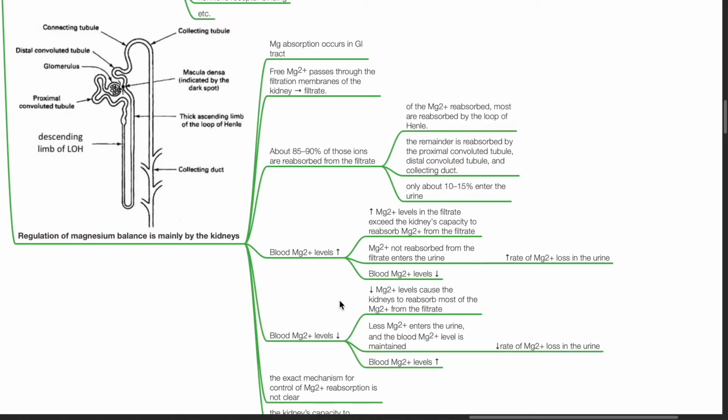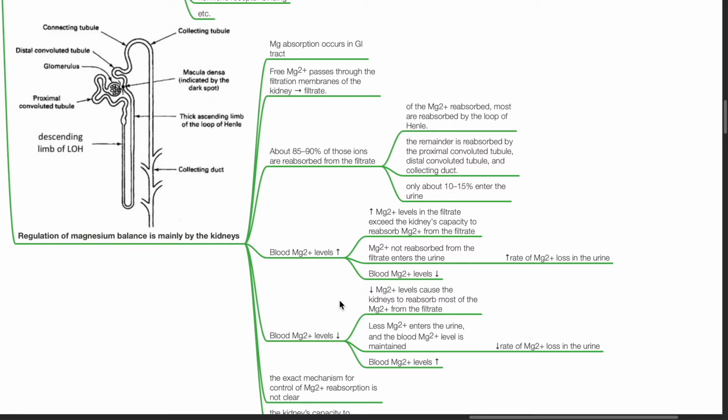When there is a rise in blood magnesium levels, this increases the magnesium levels in the filtrate, and this exceeds the kidney's capacity to reabsorb magnesium from the filtrate. Magnesium is thus not reabsorbed from the filtrate, and magnesium enters the urine. There is increased magnesium loss in the urine, and this decreases blood magnesium levels.